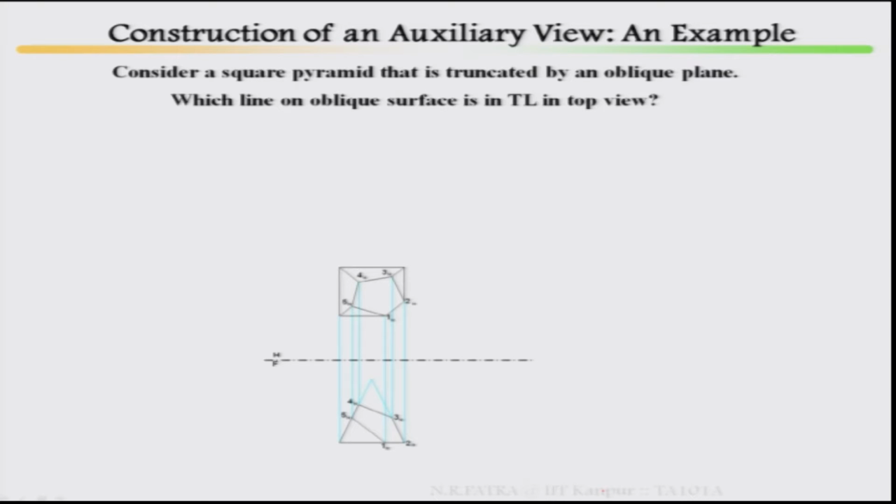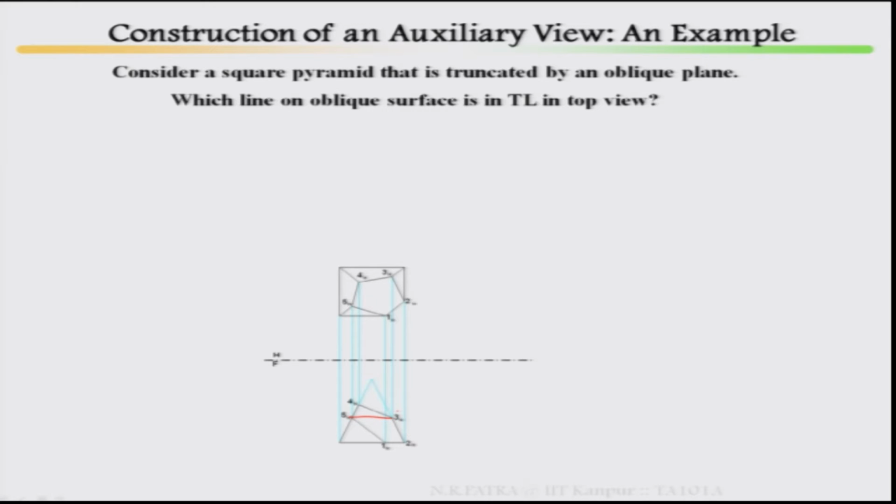Then which line on the oblique surface is in true length in top view? If you look here, which line on the oblique surface? 3 to 5. If I join 3 to 5, that is parallel to your hinge line.